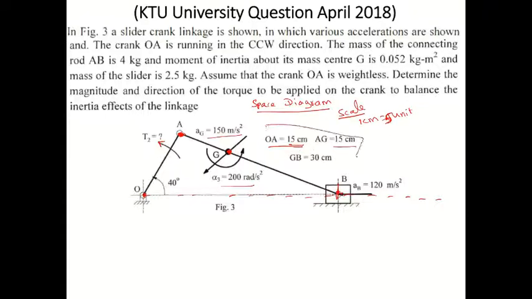The angle you have to keep as it is, you cannot change the angle, but you can change these values. 15 means 3, and 30 means 6. Like that you can reduce it.